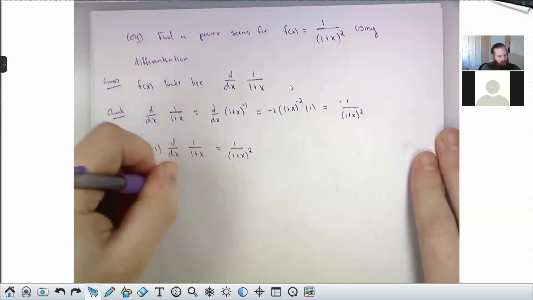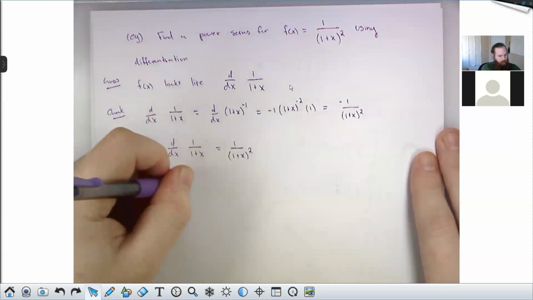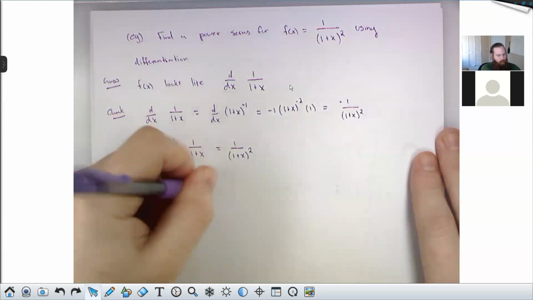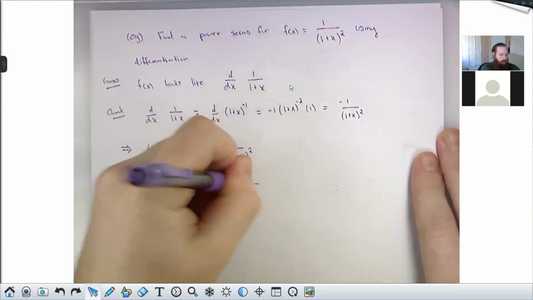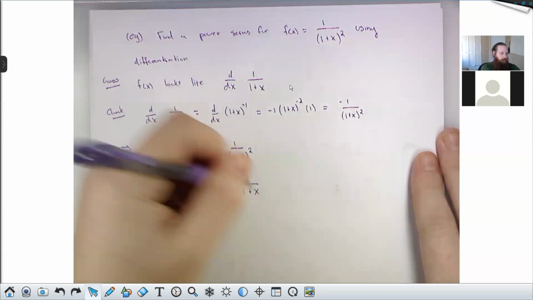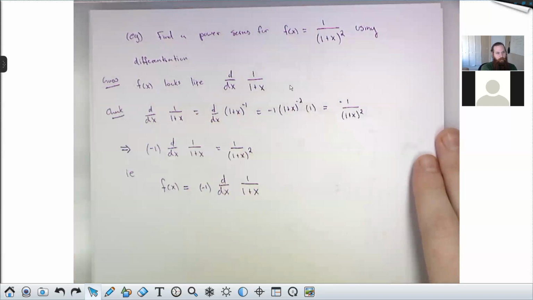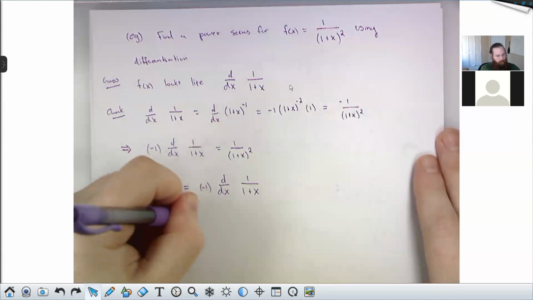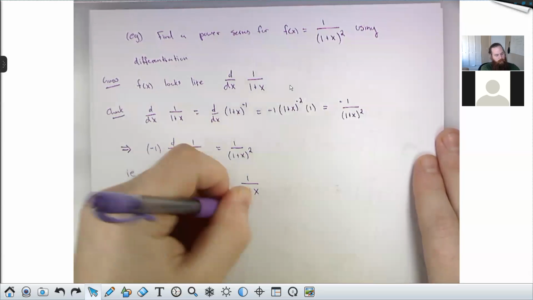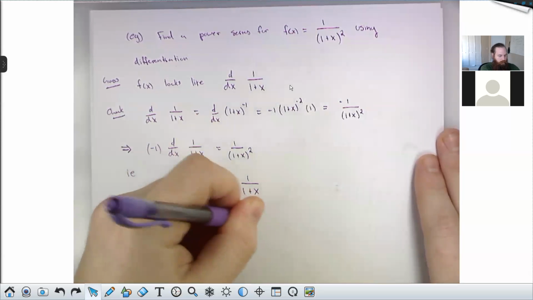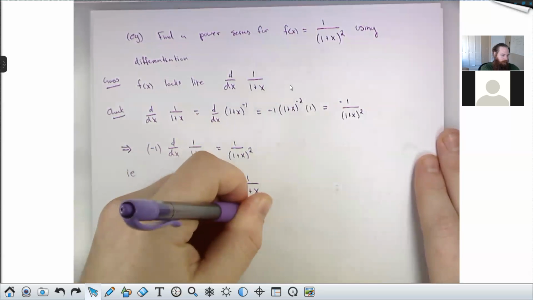So f of x, which is 1 over 1 plus x quantity squared, is negative 1 times d dx of 1 over 1 plus x, which is negative 1 d dx 1 over 1 minus negative x.